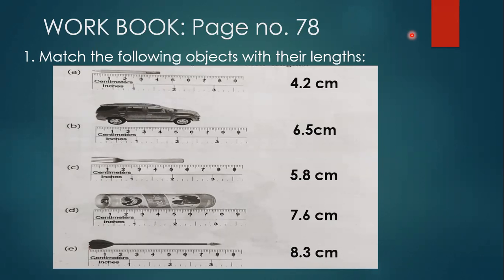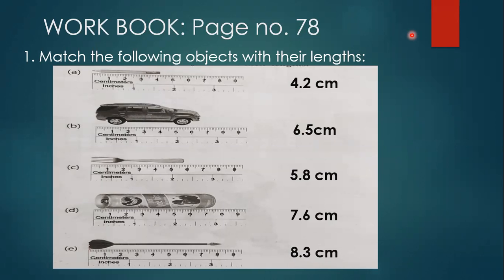For example, the fourth small line between 0 and 1 is 4 millimeter, or we can say it is 0.4 centimeter. Similarly, the seventh small line between 5 and 6 shows what measure?